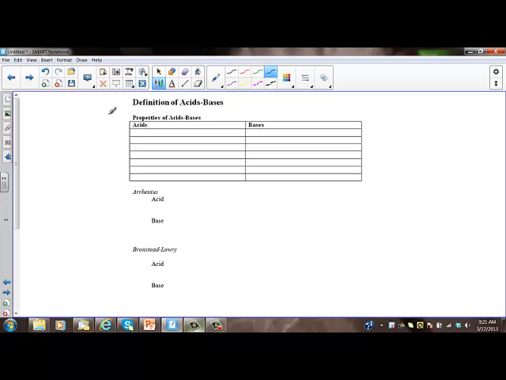So first of all, let's look at some properties of acids and bases. We know that acids have a sour taste. We also know that they react with various metals to produce hydrogen gas.